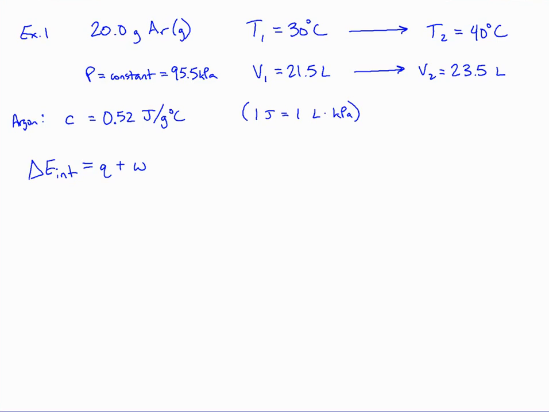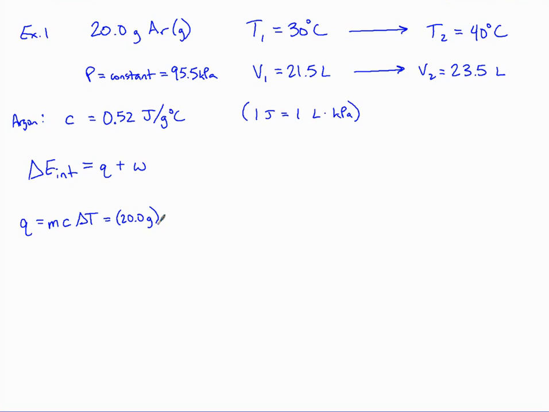We have a lot of information here, and we need to sort it out. So let's do these individually, and then we'll plug them back in. So let's look for Q, and its formula is MC delta T. So for this one, we have a mass of 20.0 grams, and that's argon gas.